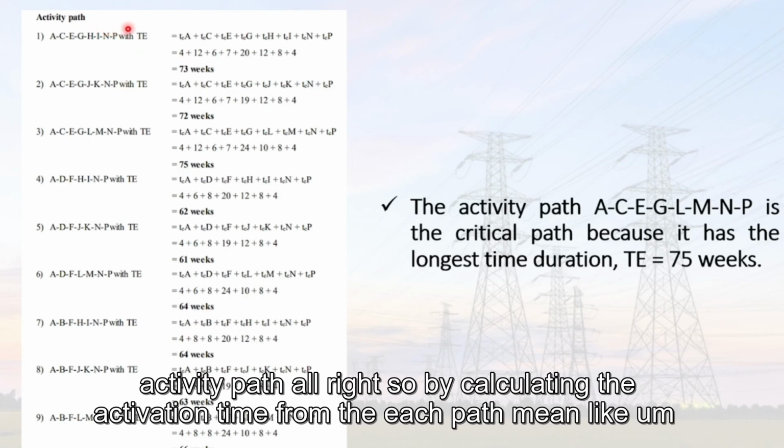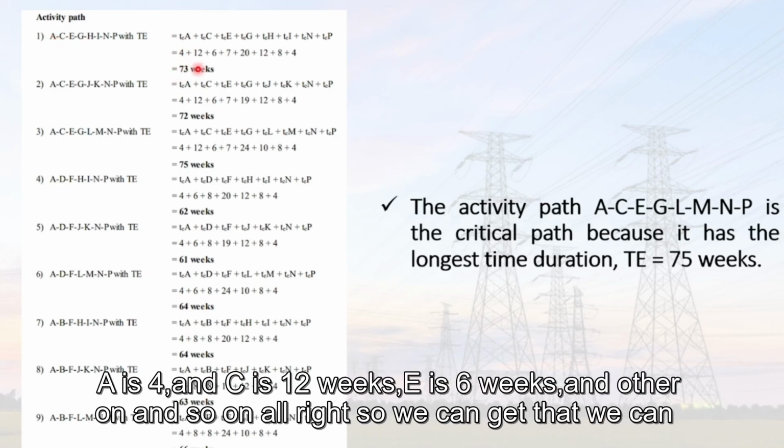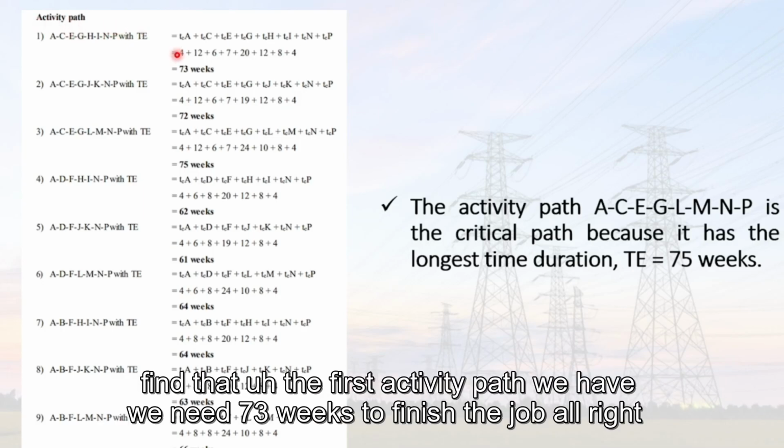By calculating the activity time for each path, like A is 4 and C is 12 weeks, E is 6 weeks, and so on, we can find that the first activity path needs 73 weeks to finish the job.